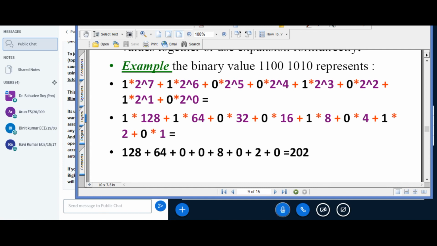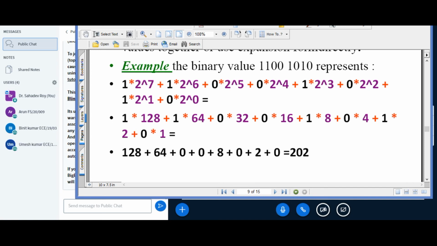The 202 is the binary number 11001010. Until and unless you convert this number into a decimal number, you are unable to determine what the equivalent decimal number is. So this binary number is converted into the decimal number.